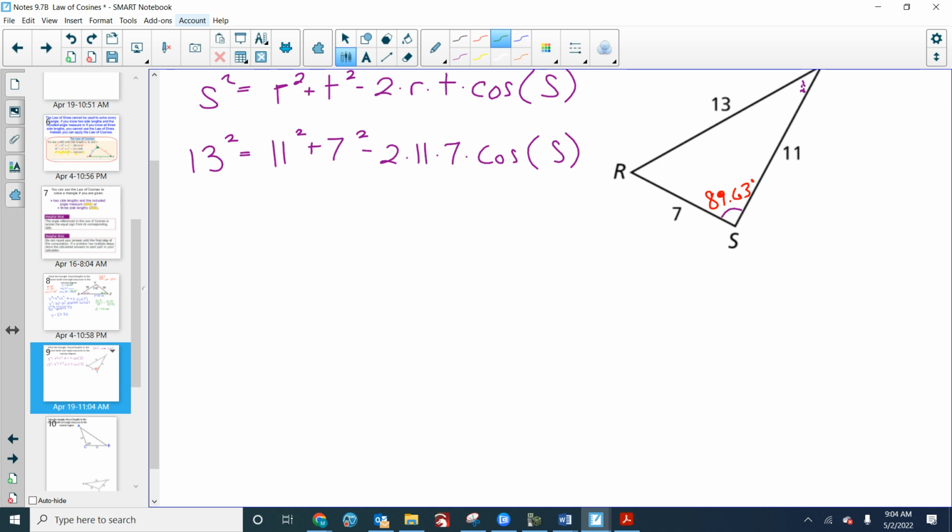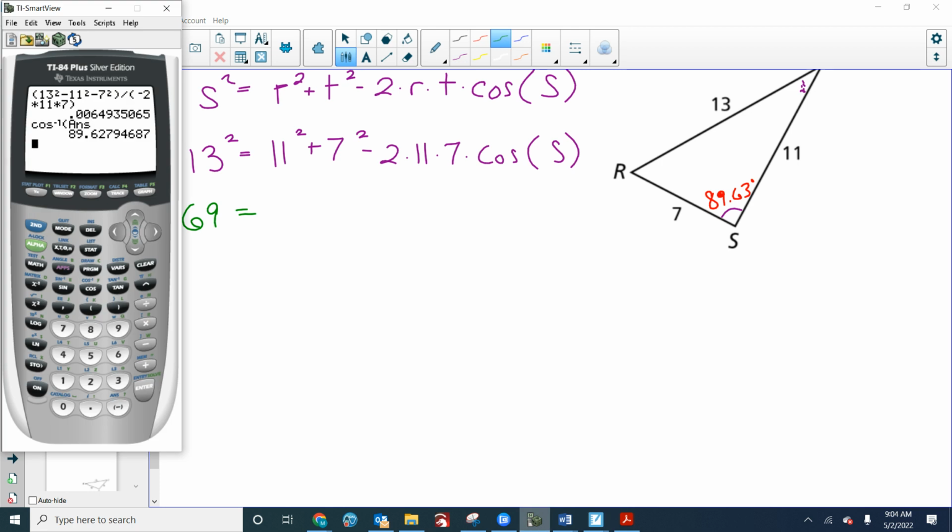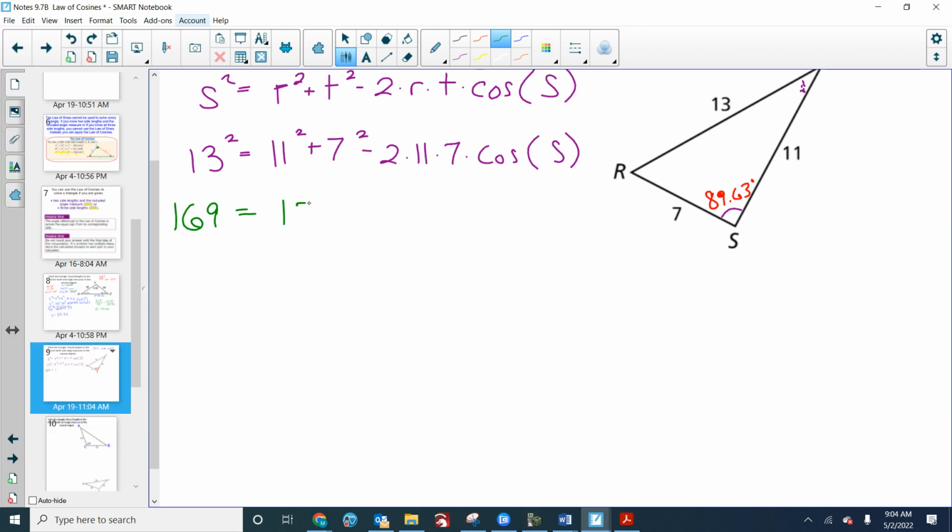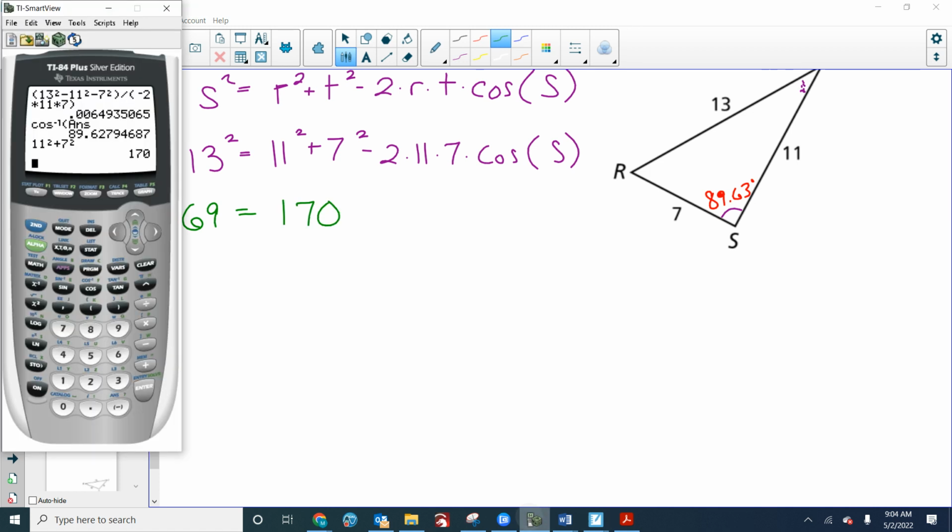What if you're like, well, I'd rather work with the numbers themselves? It's kind of confusing what you did. Well, this would be 169. 11 squared plus 7 squared is 170.